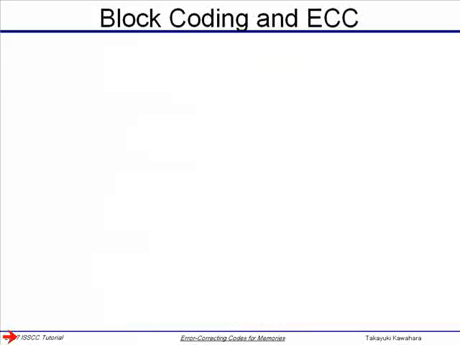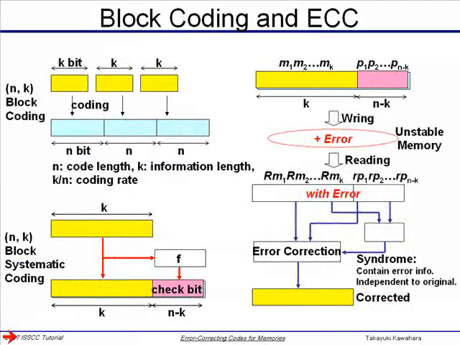Okay, this is the same as your handout. So this is the total outlook of the error correction. Once more, we have the block of k-bit units, and each k-bit unit is coded to an n-bit length word.